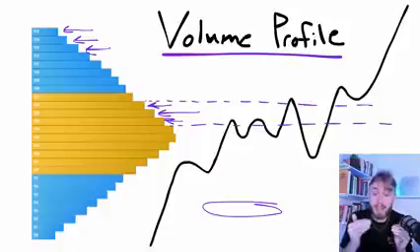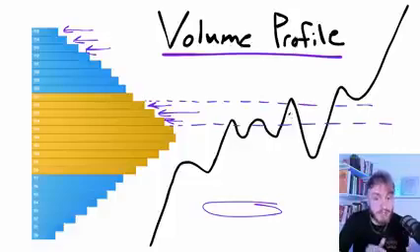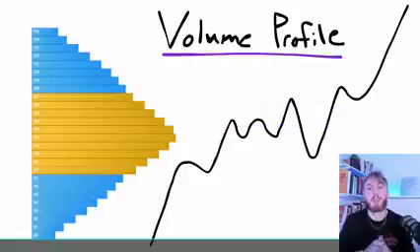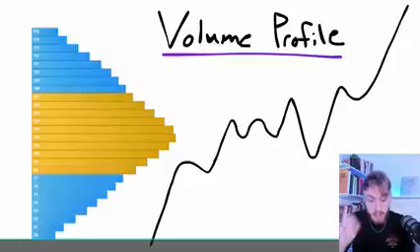What actually matters is how much volume got traded inside the candles of this area. So you could, for example, imagine an area where the price goes up quickly, but tons and tons of volume got traded.